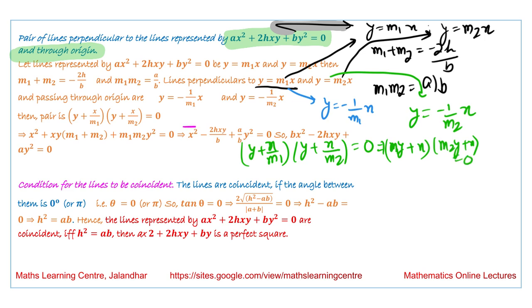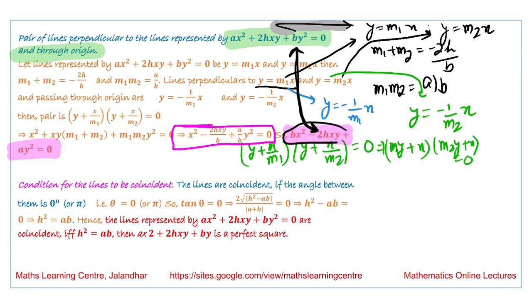Multiplying all these terms, we obtain the final equation in this form: bx square minus 2hxy plus ay square is equal to 0. So the pair of lines perpendicular to this given pair of lines is given by bx square minus 2hxy plus ay square is equal to 0.